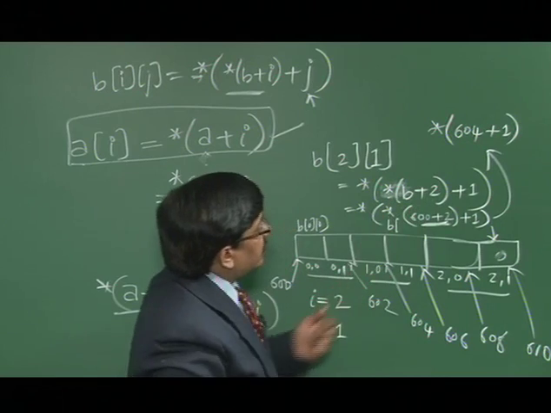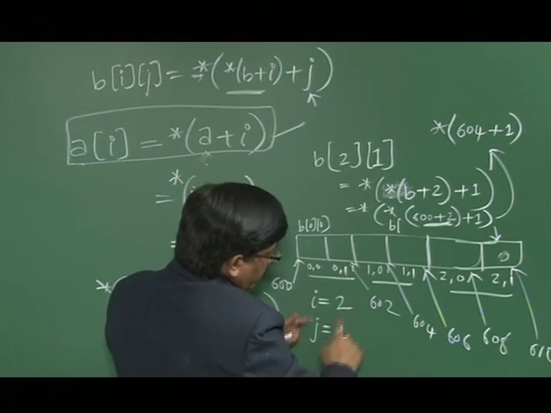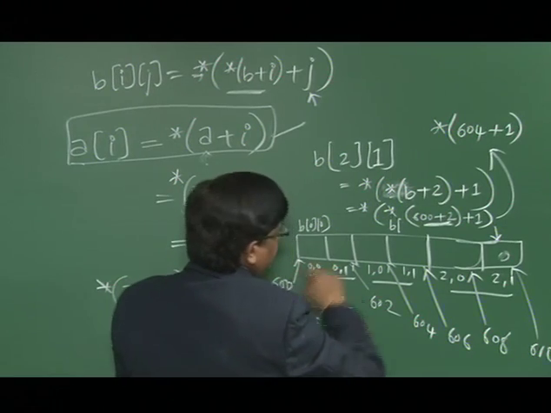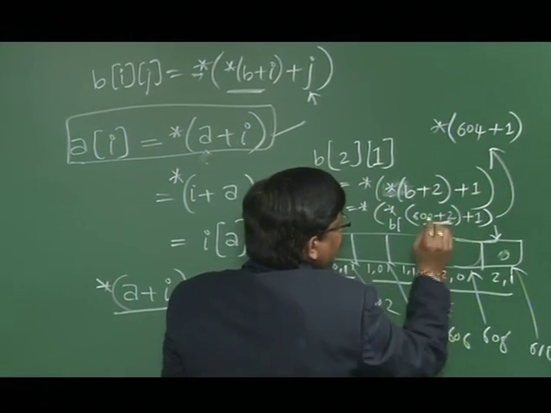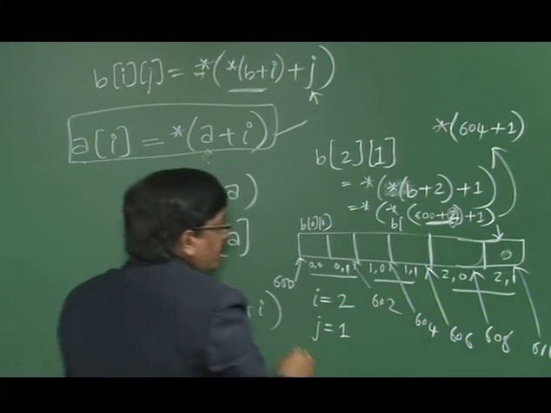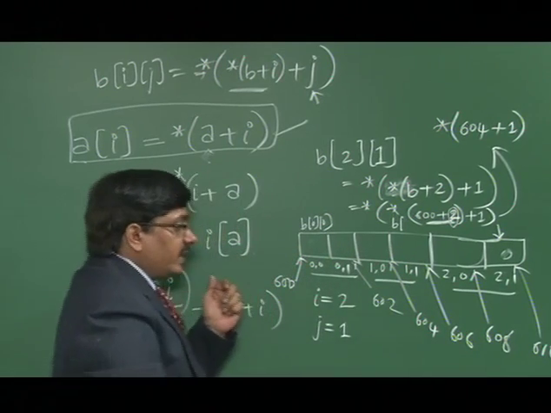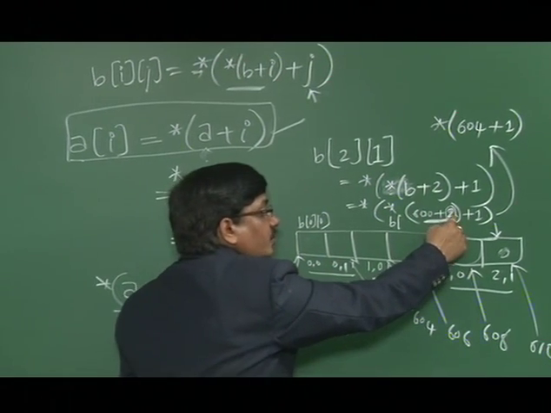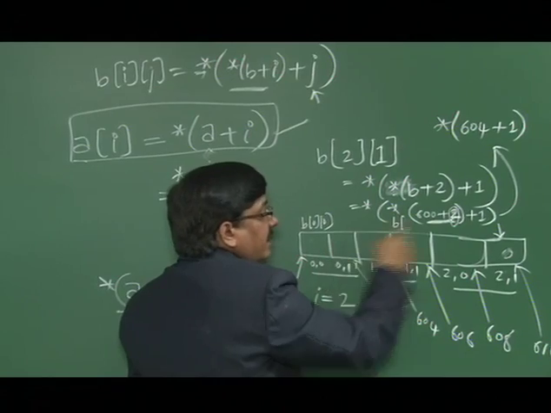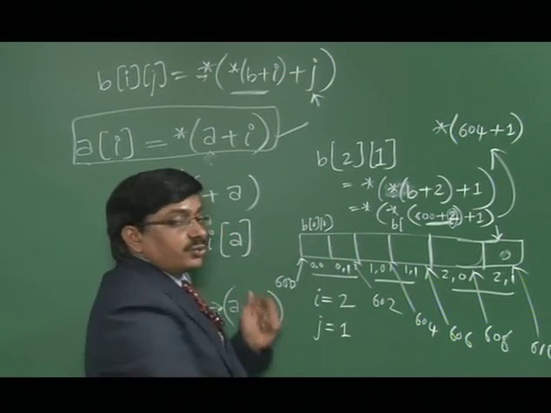So value at address, second row and first column. So here i is equal to 2 and j is equal to 1. So 600 will get added to the 2 here, but basically what happens is, when I am adding 2 here, each row is having two elements. So it is not that 2 gets multiplied with 2, rather 2 will get multiplied with 4, because in each one dimensional array I will be having two elements.